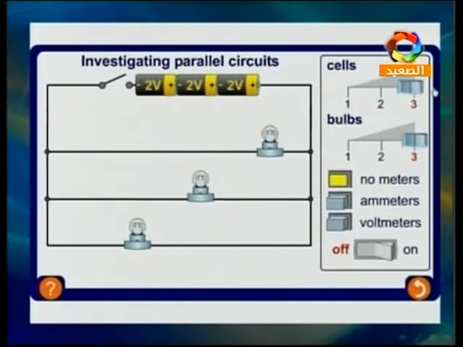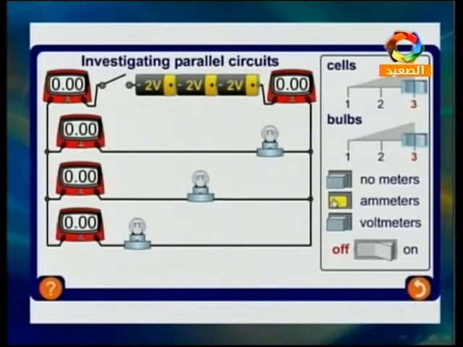And if I have 3 cells and 3 lamps, and I switch it on like this, so here the electric lamps will light up. And here we have the ammeter. If I have a meter like this, what will happen for the ammeter if I put it here?